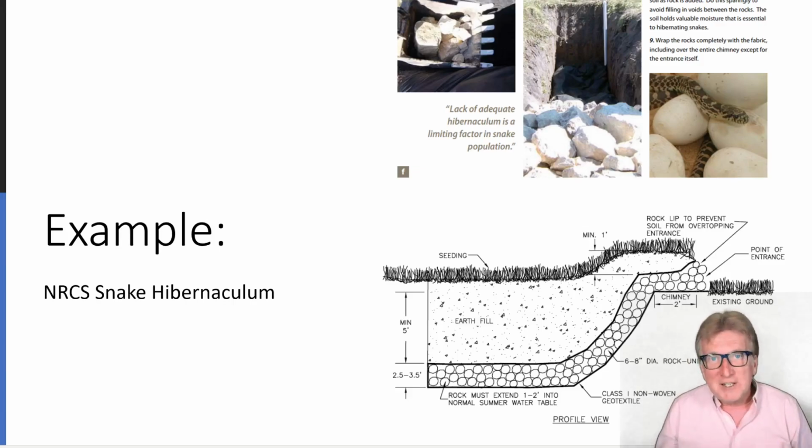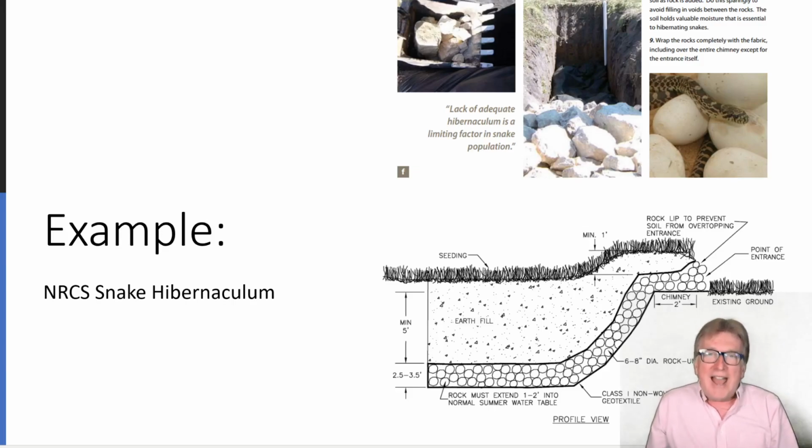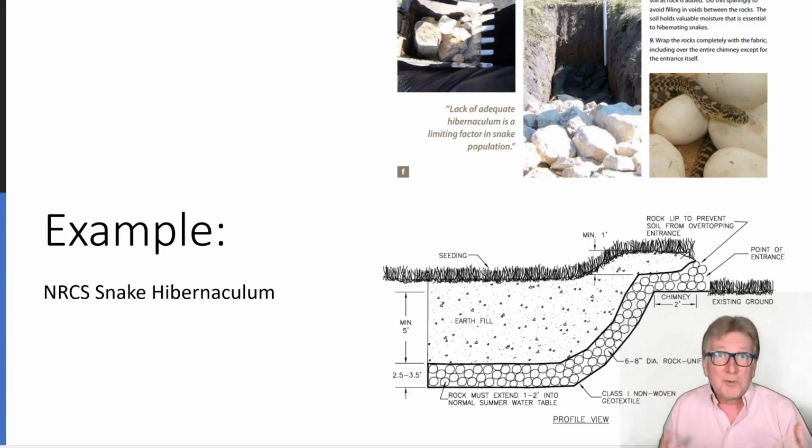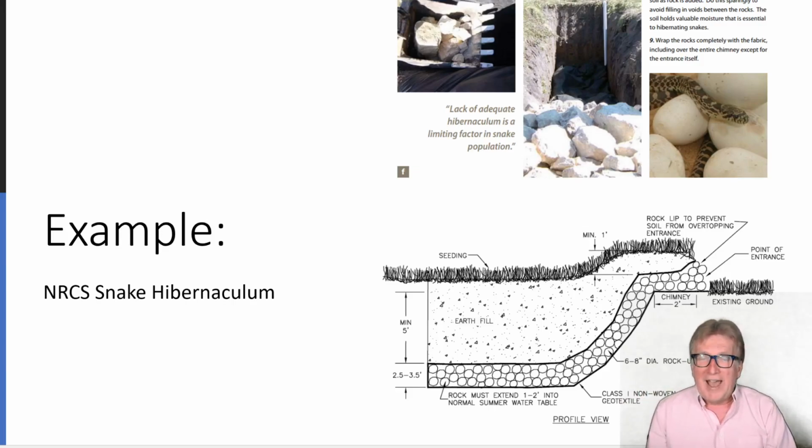This is one that I find particularly interesting, published by the NRCS, the Natural Resources Conservation Service, which is an agency of USDA. This is a standard for the design of a snake hibernaculum. I had to think about that for a second. A snake habitat, if you will, an area where snakes like to hang out. As you see on the slide, lack of adequate hibernaculum for snakes is a limiting factor in snake population.